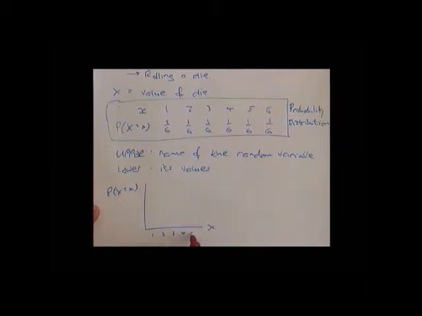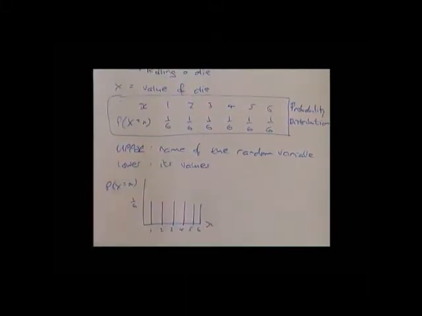What would my graph here look like? Bar chart with flat tops. Bar chart, flat tops. Yeah, you would get something like that, where that was 1/6. Okay, that is a discrete distribution. Each value it can take has an associated probability.